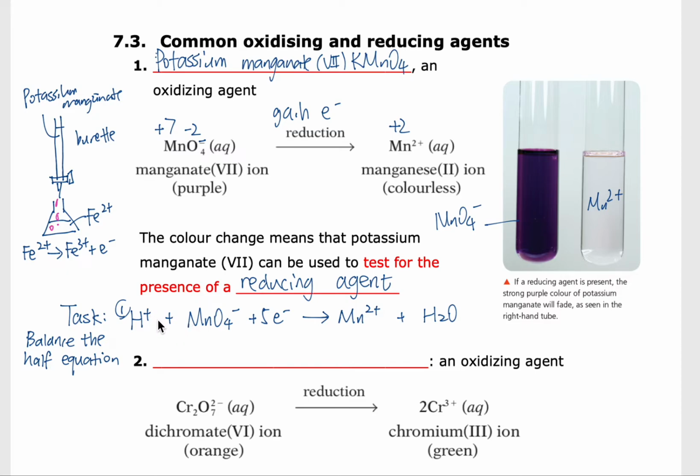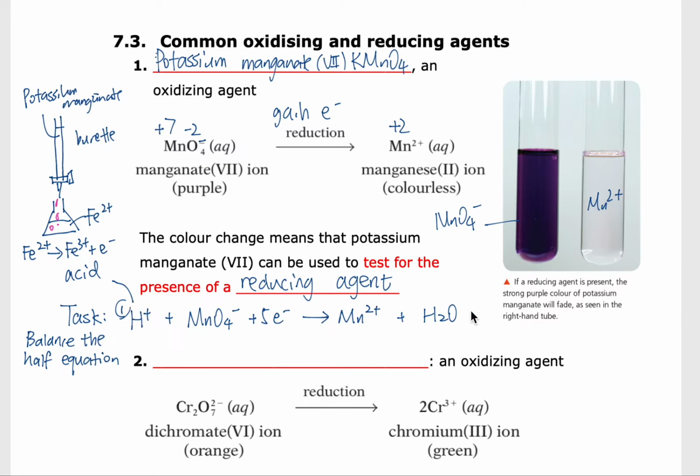In this equation, we have the oxidizing agent who can take electrons from others. We also have a hydrogen ion. So what is the role of the hydrogen ion over here? It's acting as an acid. In order for the redox reaction to take place, this has to take place in an acidic environment, and the acid is provided by hydrogen ions.